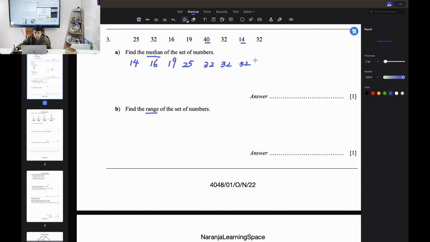Oh yeah, we're short of 40. So we have 8 numbers, and since we have 8, the median lies between the 4th and the 5th. So it's 25 plus 32 divided by 2, which is 28.5.